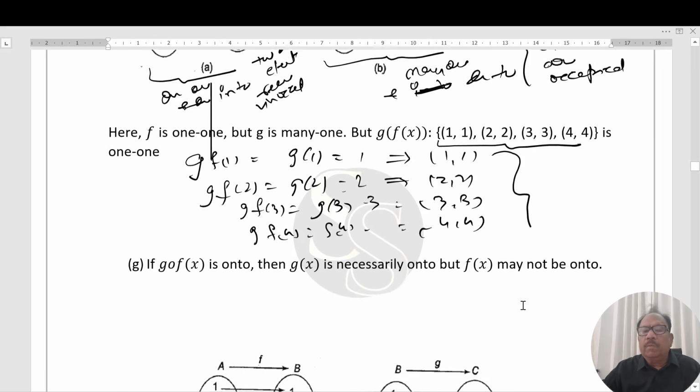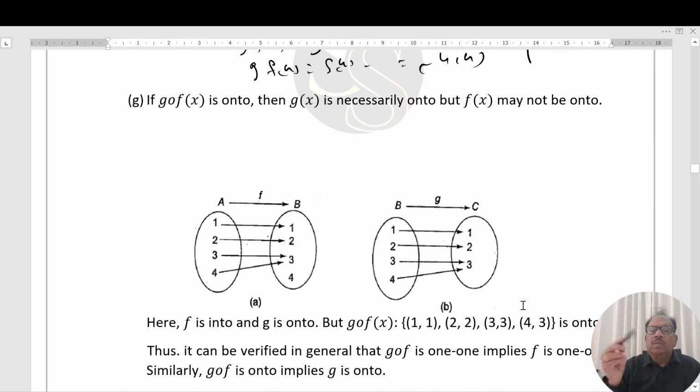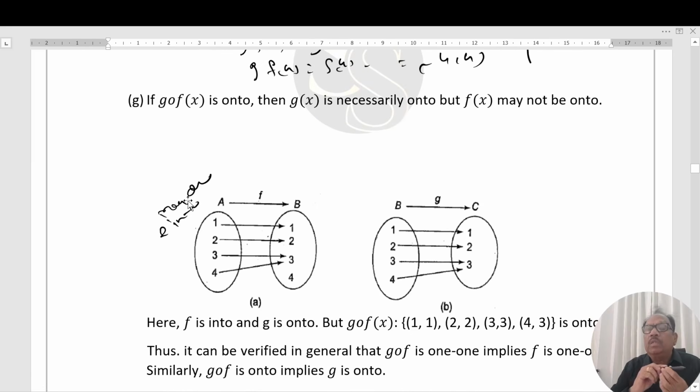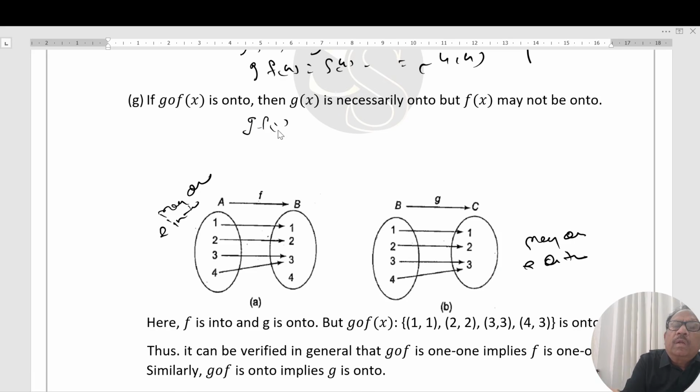Now, similarly, in this case, we can say f is many-1 and into, as an element is unoccupied. And g is many-1 and onto, as all elements are occupied. This element is unoccupied. In that case, gf(1) is g(1), f(1) is 1.